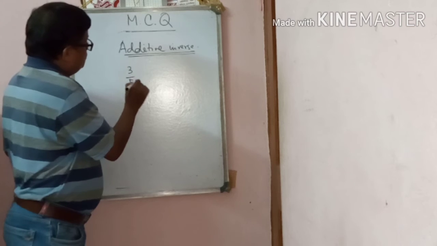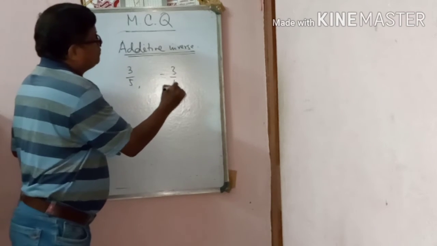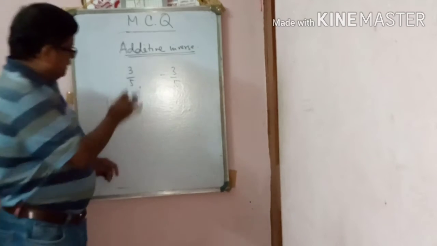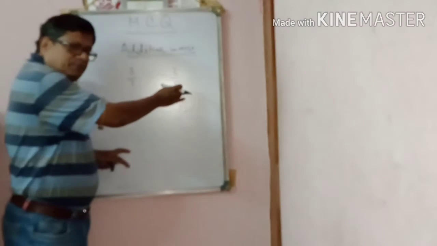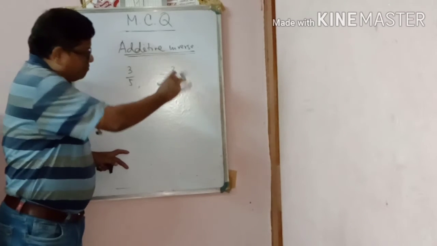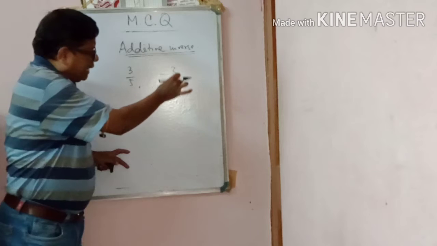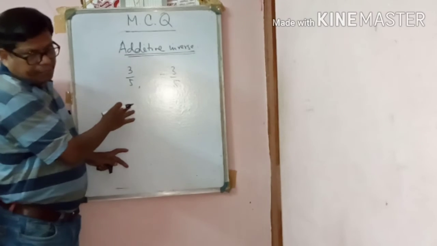Suppose 3 by 5 or minus 3 by 5. So we can say 3 by 5 is the additive inverse of minus 3 by 5, with a sign change, and minus 3 by 5 is the additive inverse of 3 by 5.